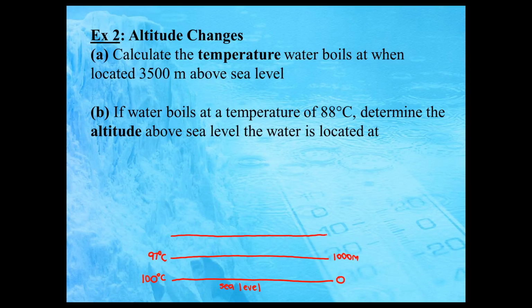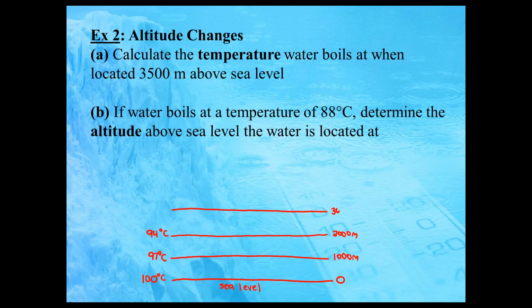Let's go up by another 1,000 meters. So now we're at 2,000 meters. Go up by another 1,000 meters, our temperature would decrease by another 3 degrees. 97 minus 3 would be 94 degrees Celsius. Let's go up by another 1,000 meters.